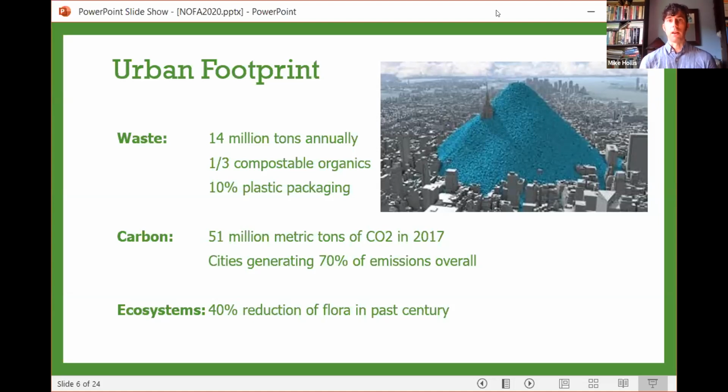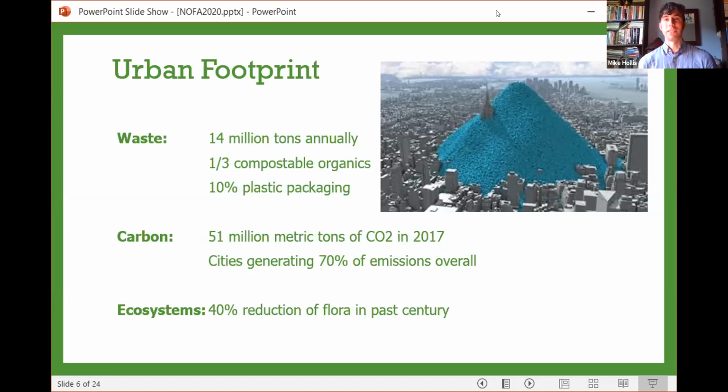Carbon emissions: 51 million metric tons of CO2 in 2017, which is the last year for which New York City has official figures. Because CO2 is an intangible, gaseous, invisible thing, it's often hard to visualize what that means. If you think of how much it would take to squeeze air down until it was a visible solid, and then pile all of that up, you would get this graphic.